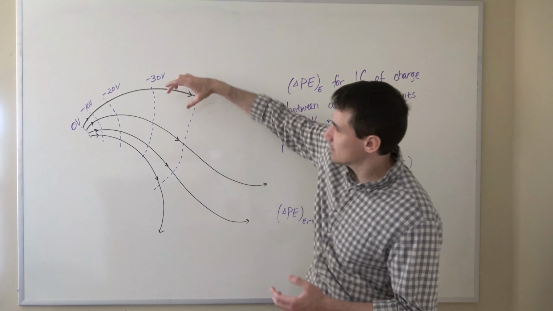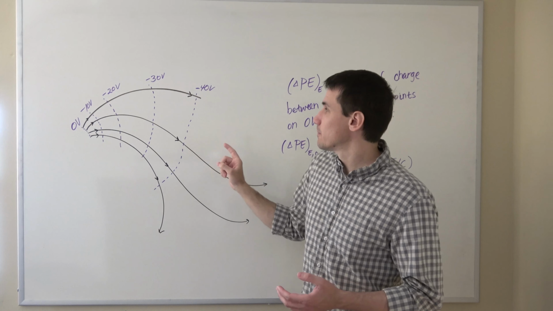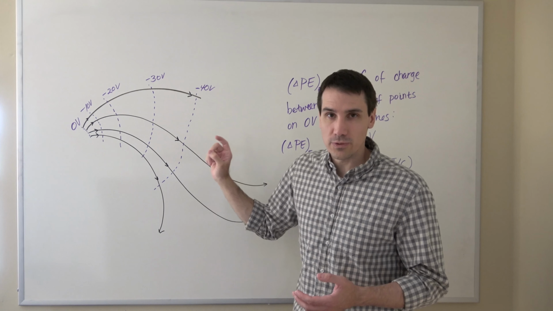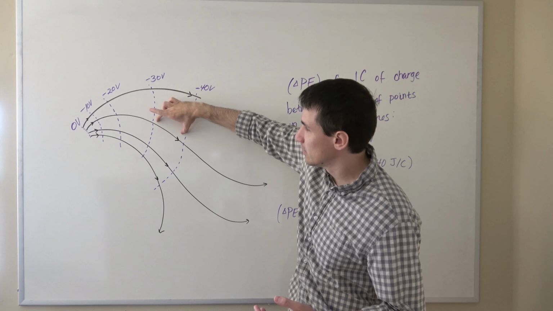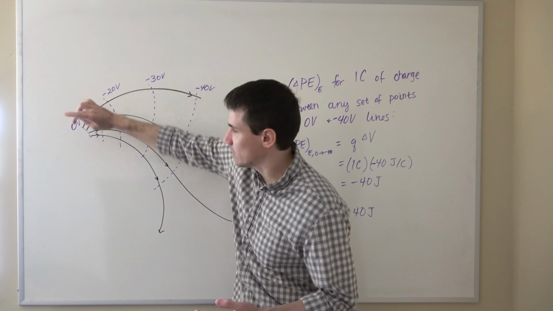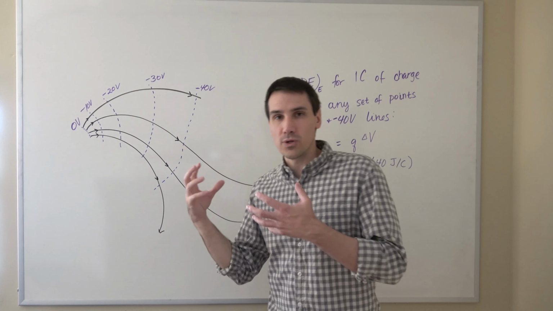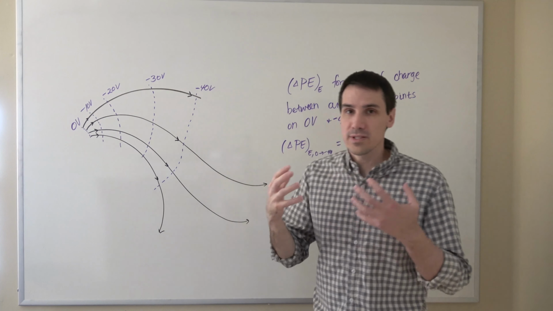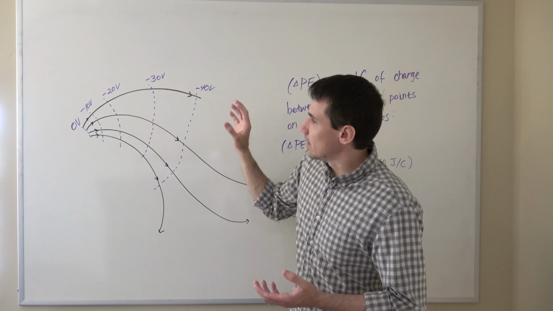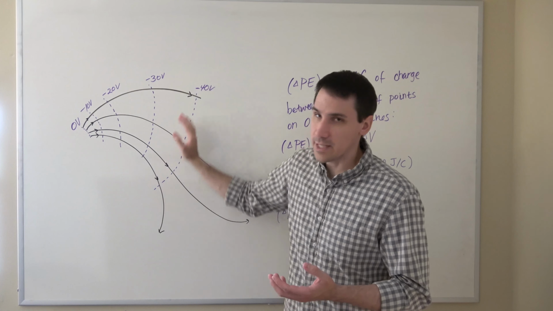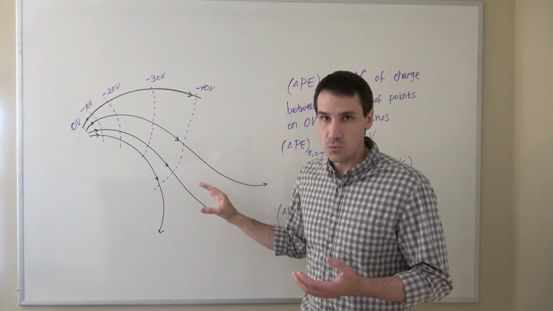So the distance along some field line between the negative 30 and negative 40 volt equipotential lines is longer here than this one, than this one, than this one. We have to travel along a weaker electric field for more distance to get the same change in electric potential. And so the equipotential lines get more and more spread out as the field gets weaker.